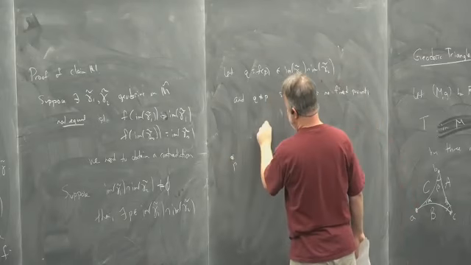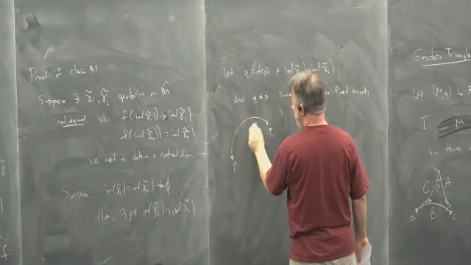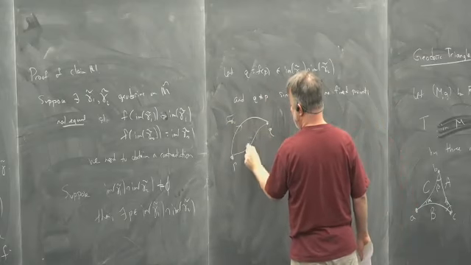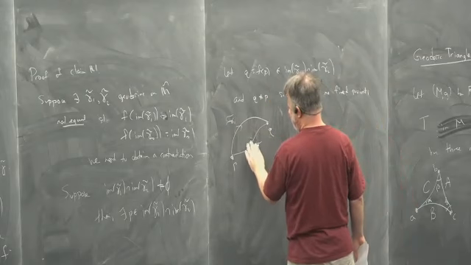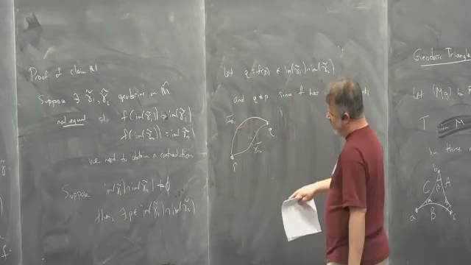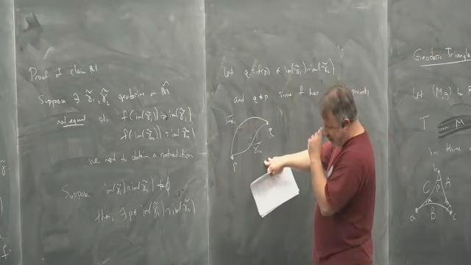So I have these two distinct points, and they're both on the image of gamma 1 tilde and on the image of gamma 2 tilde.